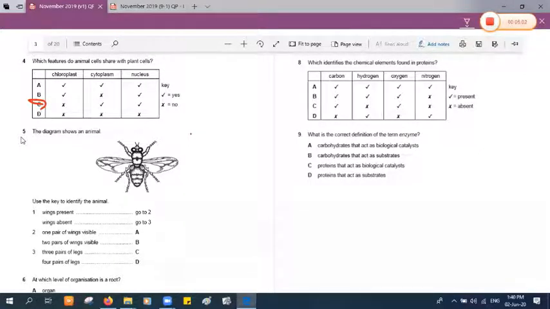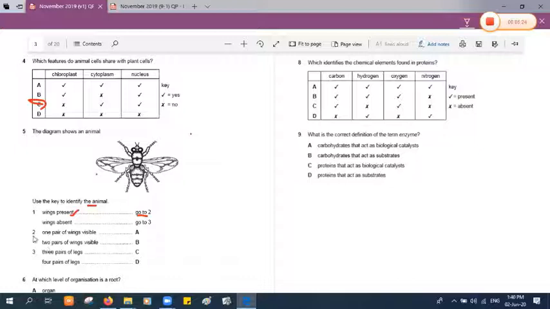Using the key to identify the animal in this figure, let's think. Wings present or wings absent? Here I can see wings, so wings present. I have to go to question number 2 and not question 3.